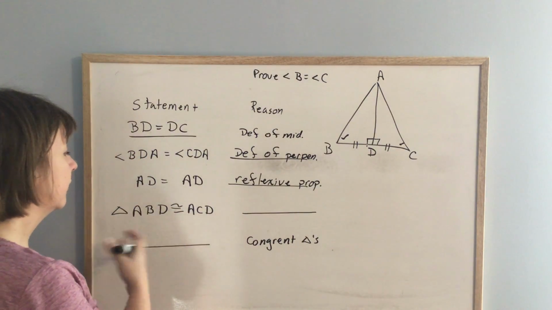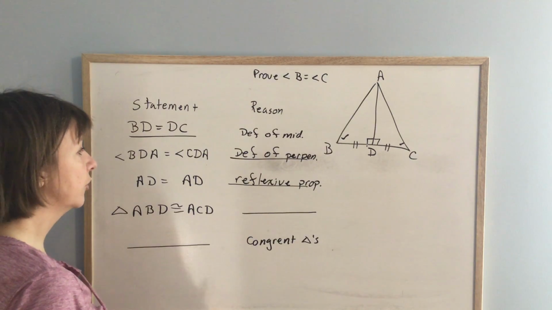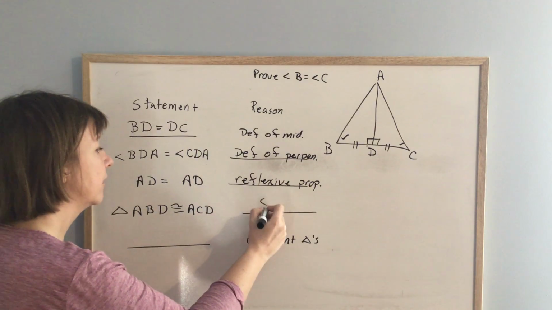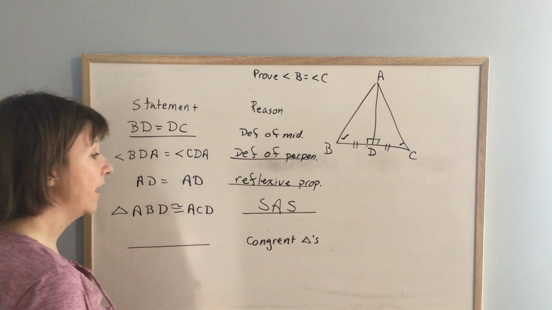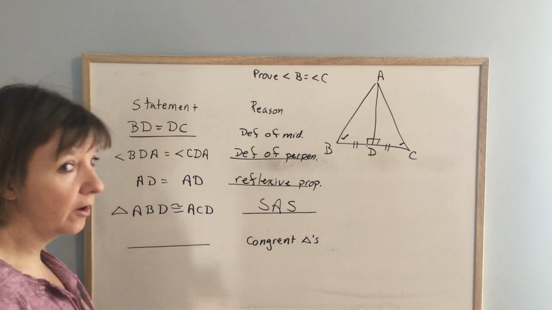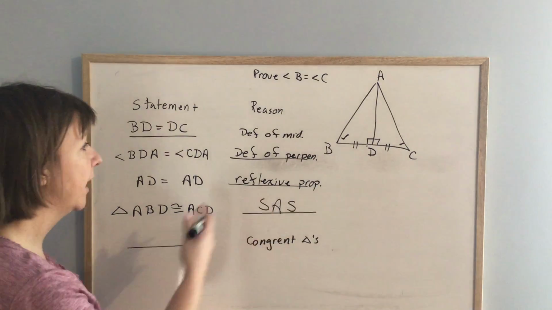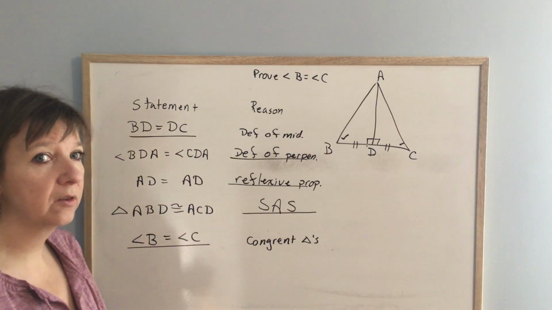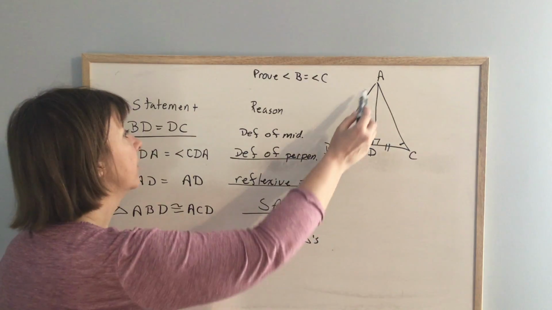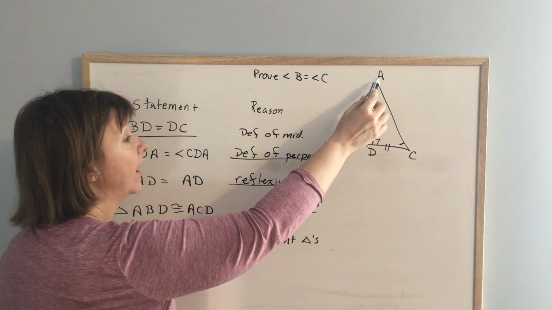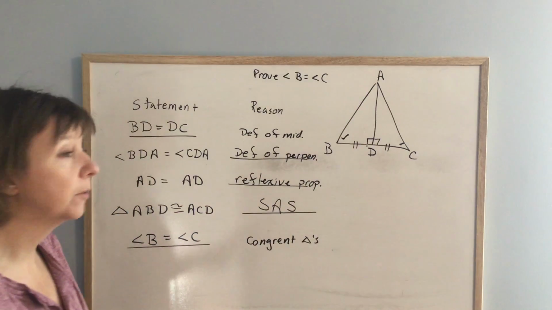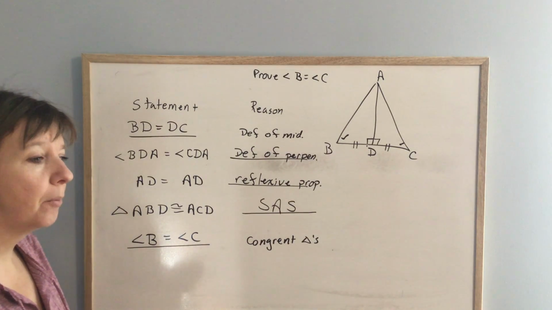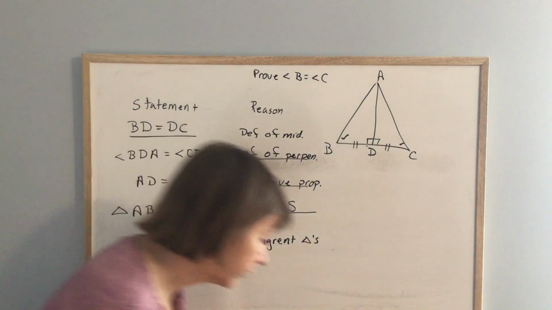So now they say triangle ABD is congruent to triangle ACD. Well, how do I know? Well, they did a side, an angle, and a side. So the reason is SAS. So if those two triangles are congruent, then those two angles, angle B, has to be equal to angle C. Now I could label it angle ABD or even angle ABC if I wanted to, but because there's only one angle at B, that's why they don't bother to put the 3 different letters.